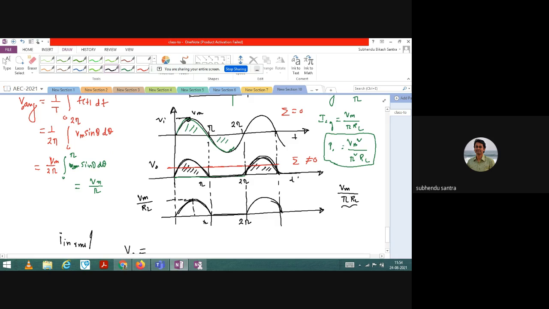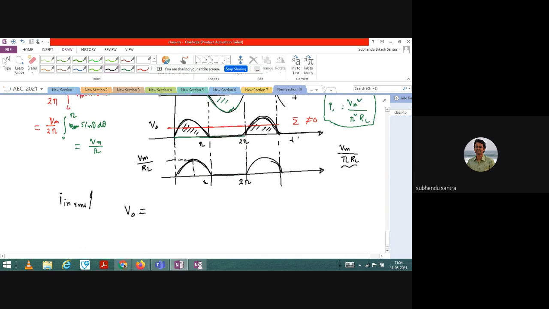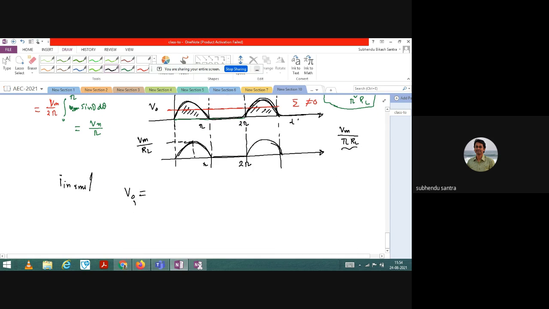Here you also need to calculate V0 RMS. How to calculate? 1 by T, 0 to T, f(t) square dt, and the whole under the square root. If you use this formula, you can find the output RMS voltage, and similarly the RMS input current: 0 to T, i(t) square dt.